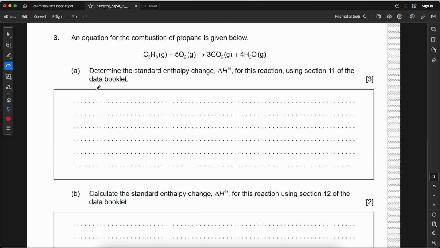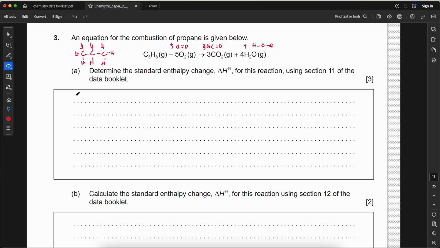An equation for the combustion of propane is given below. Determine the standard enthalpy change. Okay, so C3H8 and 5O2, 3CO2 and 4H2O.